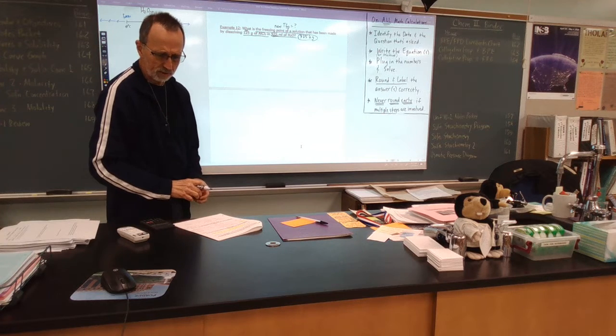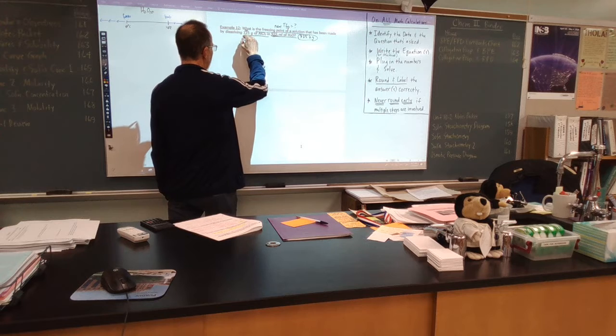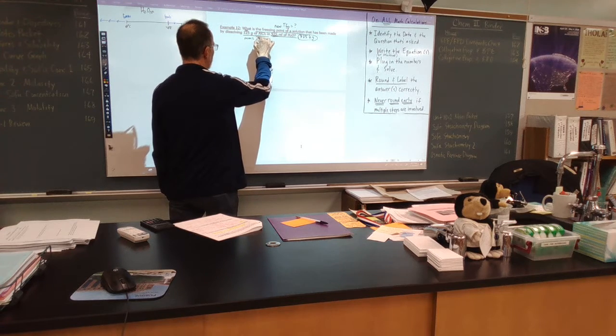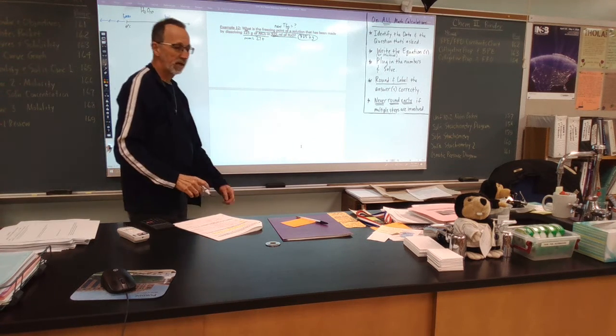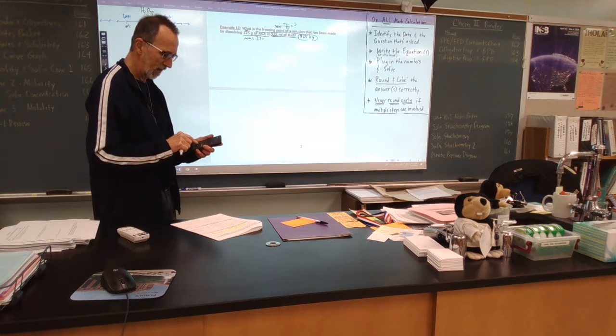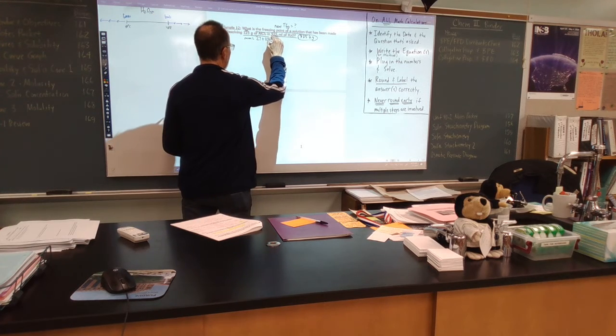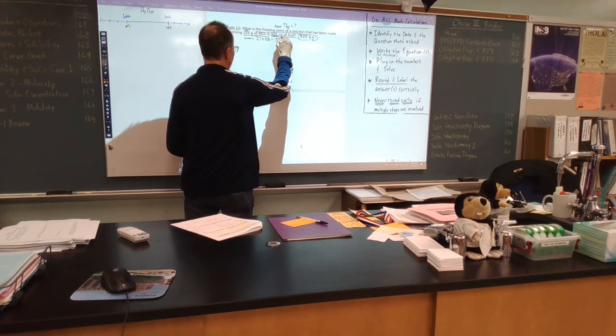All right, so with aluminum chloride being our solute, we're going to need its molar mass. Aluminum's 27. 3 chlorides. Remember, chlorine 35.45 times 3, 106, which is 133 grams per mole.